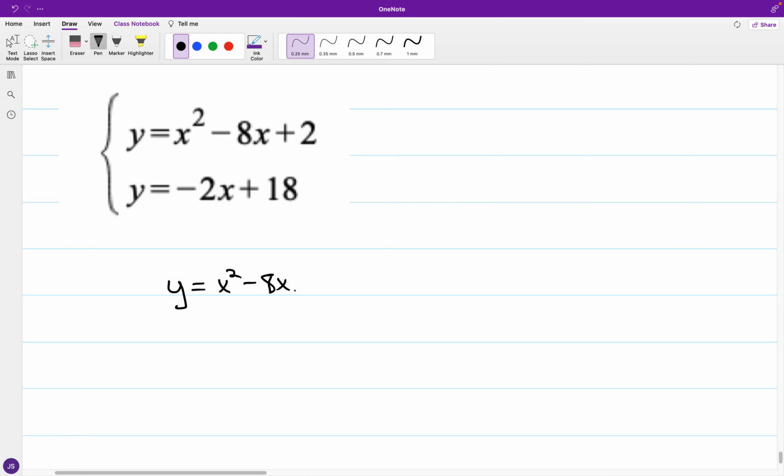Okay, so for what we have in this layout, you have y isolated in both situations. But over here, I can go ahead and solve for x.